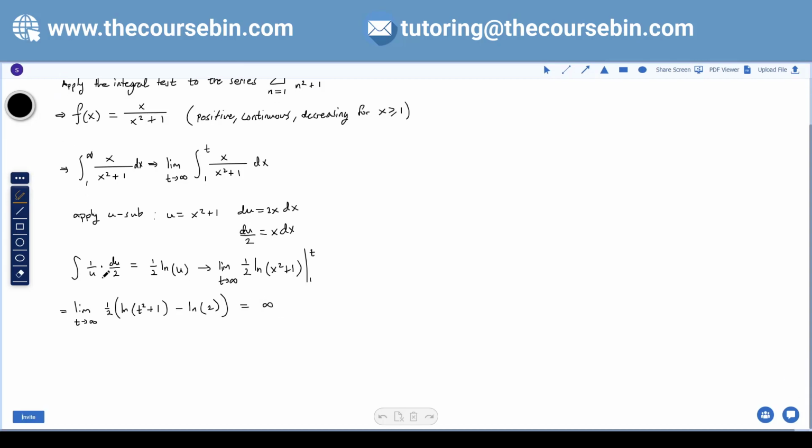Right, so as t goes to infinity, the whole thing goes to infinity, because ln of 2 would be negligible, because this would go to infinity.